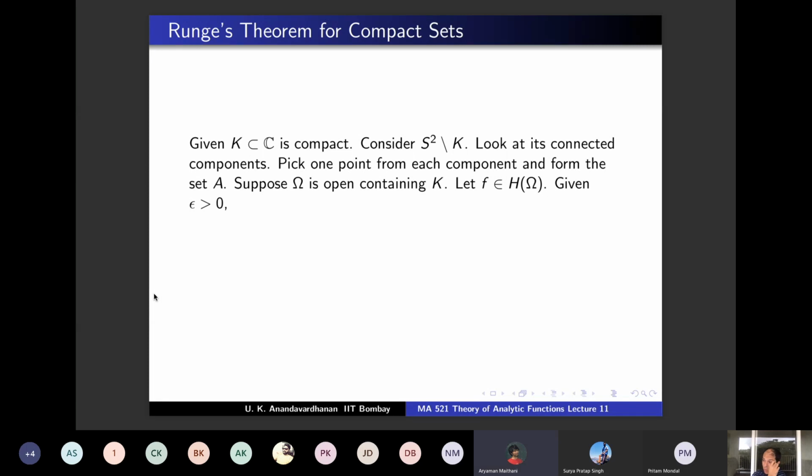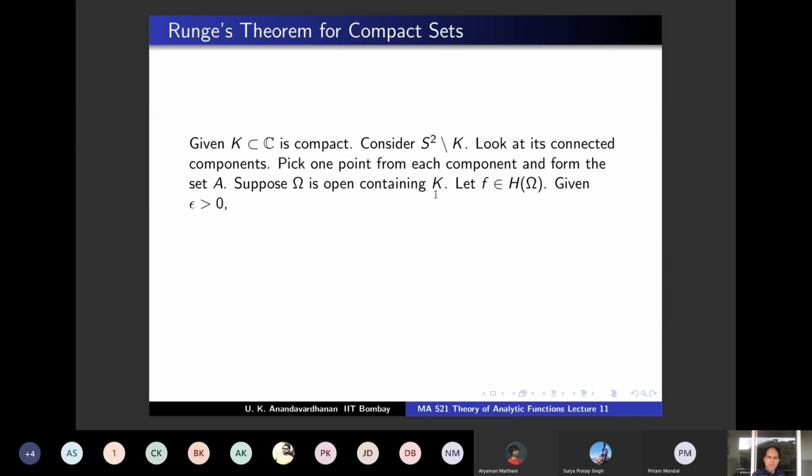So f of 1 by z is holomorphic at 0. What can you conclude about such functions? If it's holomorphic on all of S2, then it has to be constant, because S2 is compact, by Liouville's theorem. Yeah, let's come back to that.